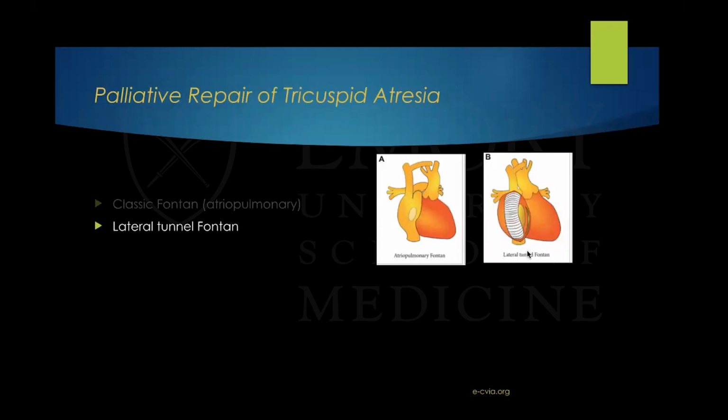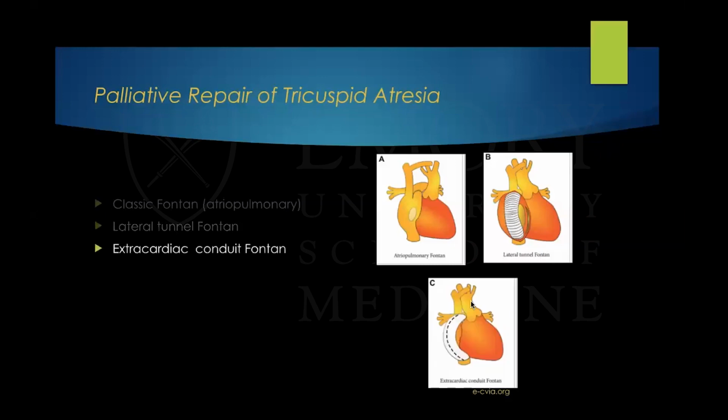The lateral tunnel Fontan is a conduit material directing the flow from the inferior vena cava up into the pulmonary arteries. This can be fenestrated or not. The extracardiac Fontan is a conduit outside of the right atrium, but still leading the blood from the inferior vena cava into the pulmonary arteries.